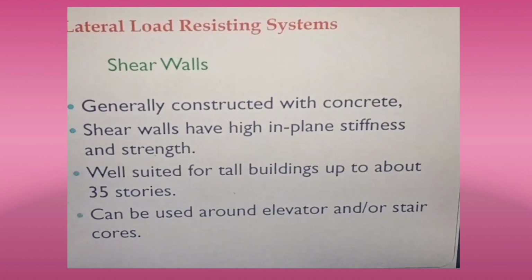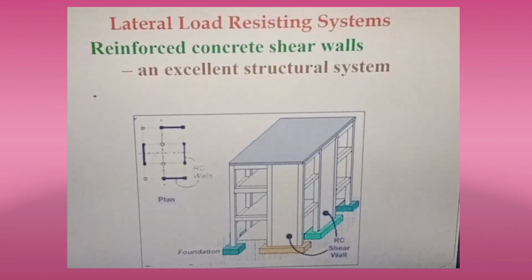You might have seen that wherever the lift opening is there, it is constructed with reinforced concrete walls. Those walls are called shear walls. Here you can see the picture, an excellent structural system.